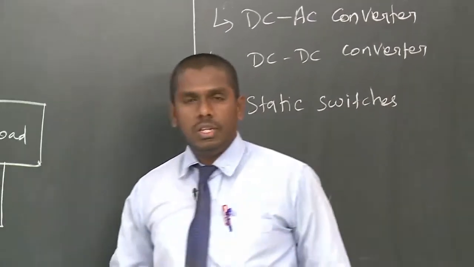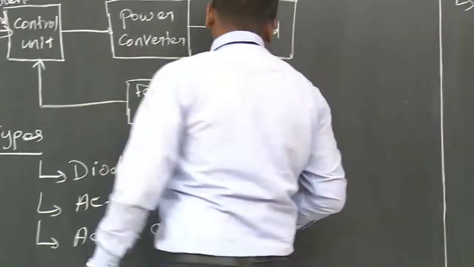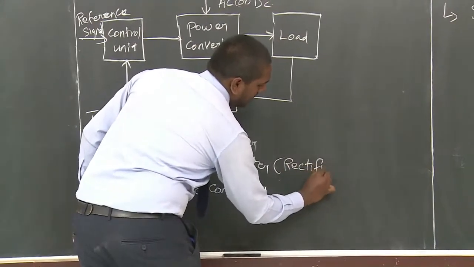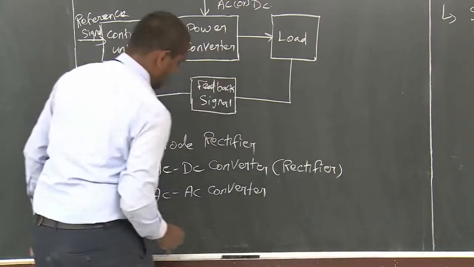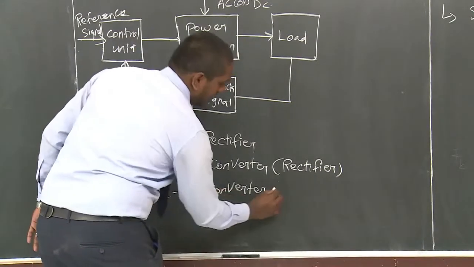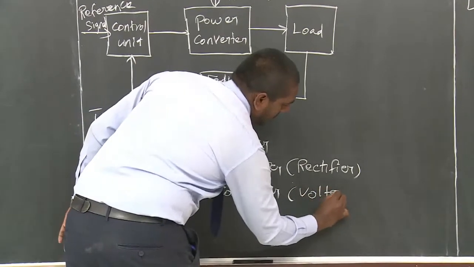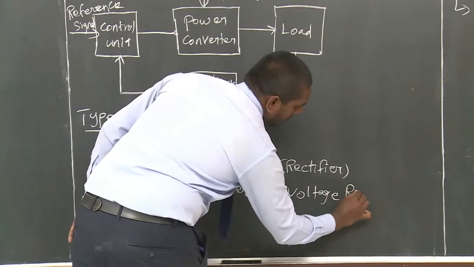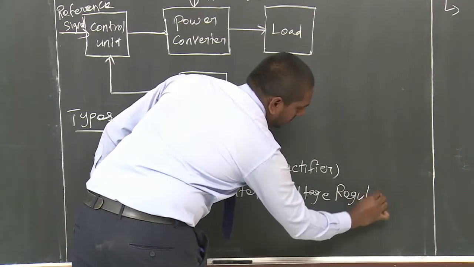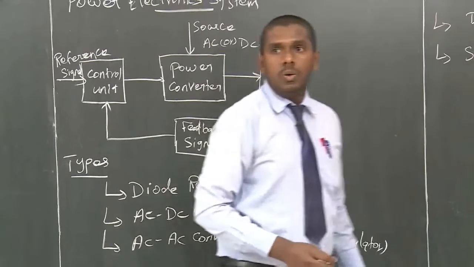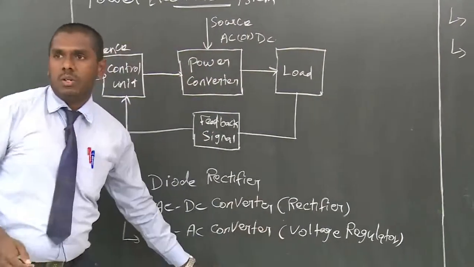The AC to DC converter also has another name, rectifier. Then the AC to AC converter is a voltage regulator. Voltage regulator or voltage controller? Voltage controller.